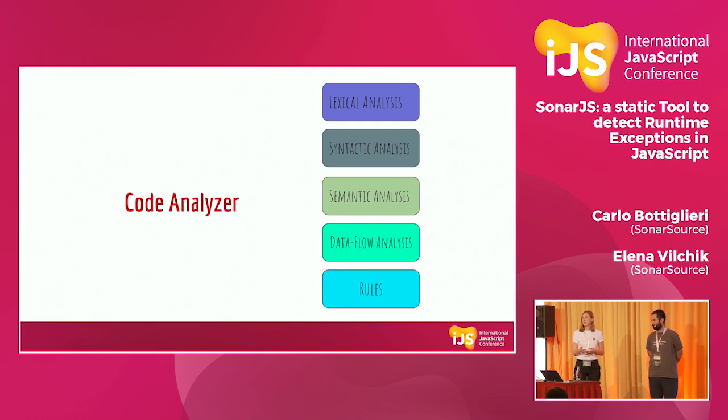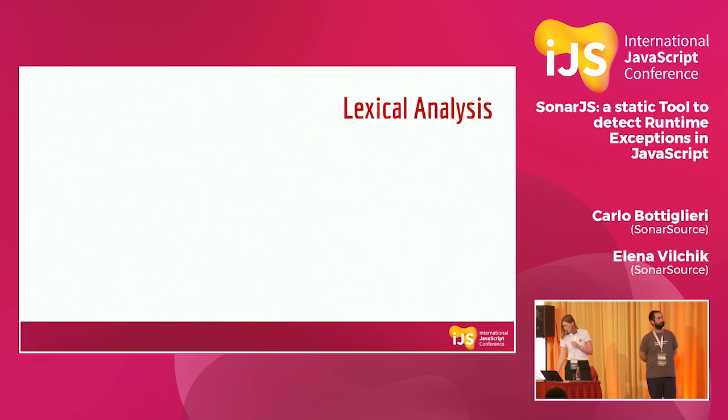We develop rules, of course, to detect some patterns, to detect some bugs and code smells. And in order to make these rules smarter, we need some additional layers in between. For example, here we have data flow analysis. We will talk later about what it is. So let's quickly go through some of these layers.